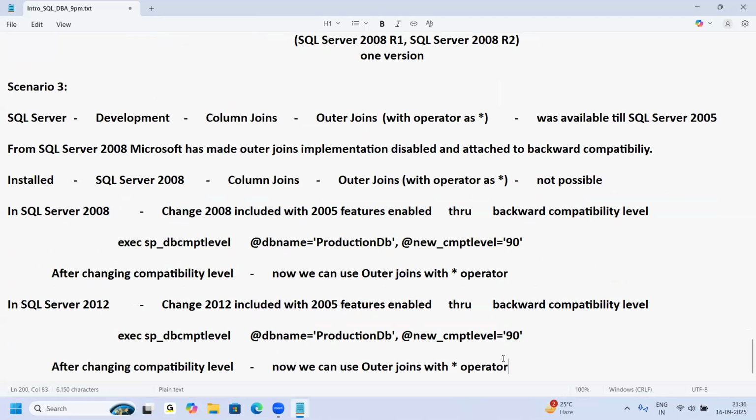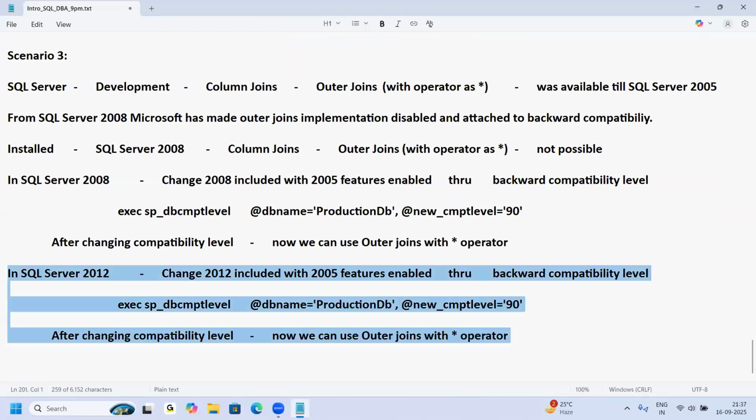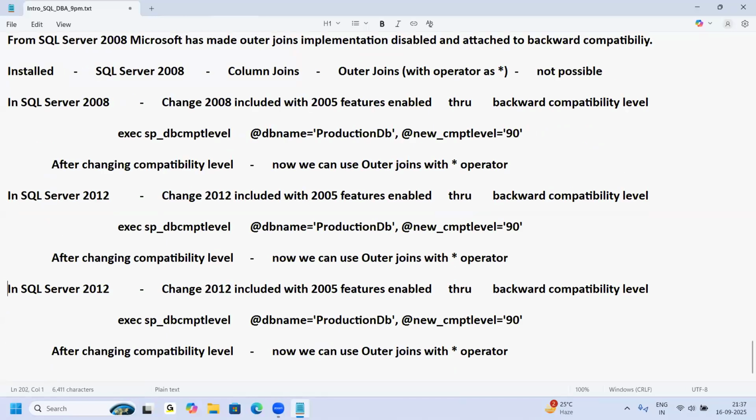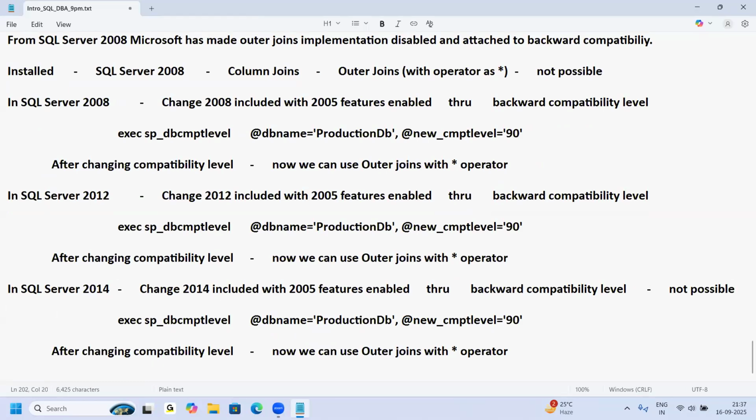Now if you have SQL Server 2014 and want to change it to include 2005 features through backward compatibility, not possible. Why? Because going from 2014 back to 2005 is three versions. Not possible.